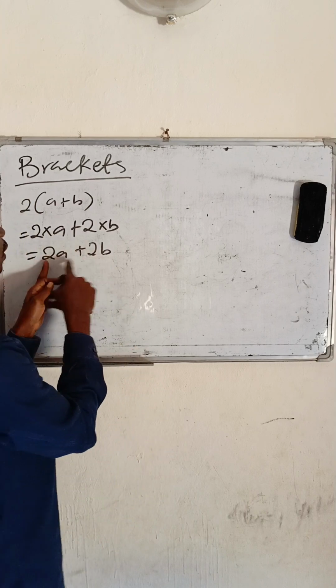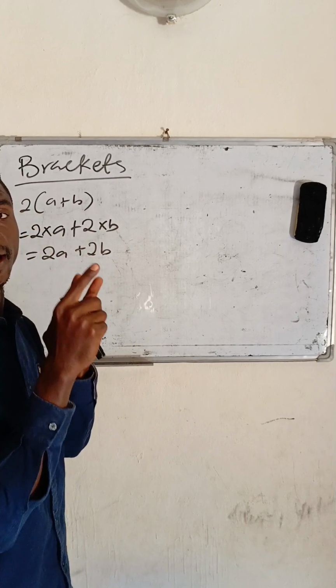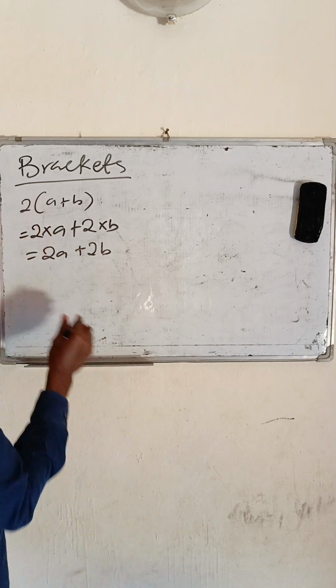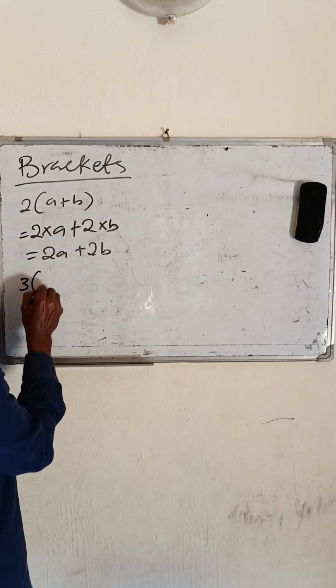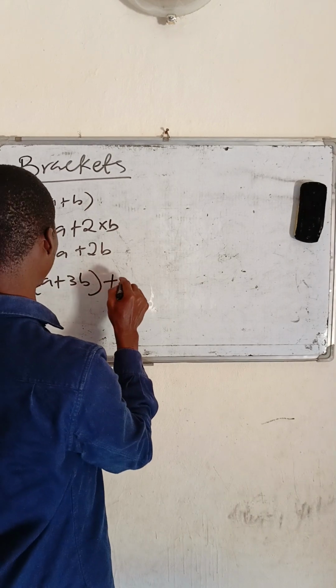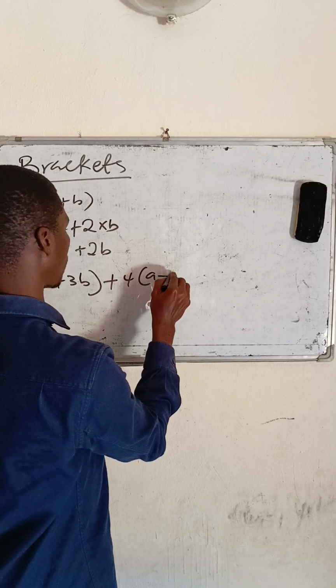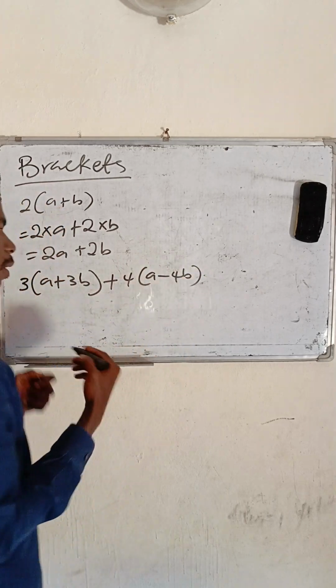You can't add any of these because they are not like terms. So if I have 3 bracket A plus 3B, plus 4 bracket A minus 4B, let's assume this. What do you do?